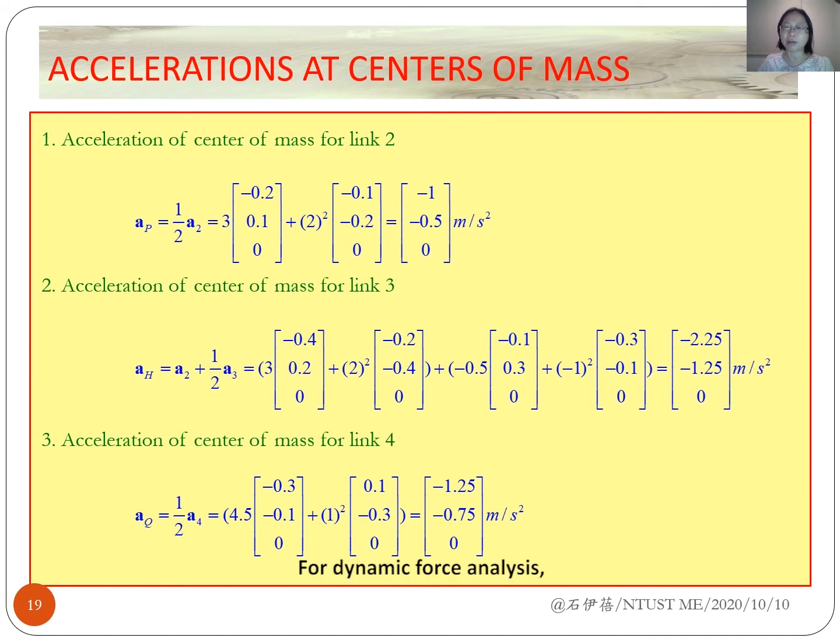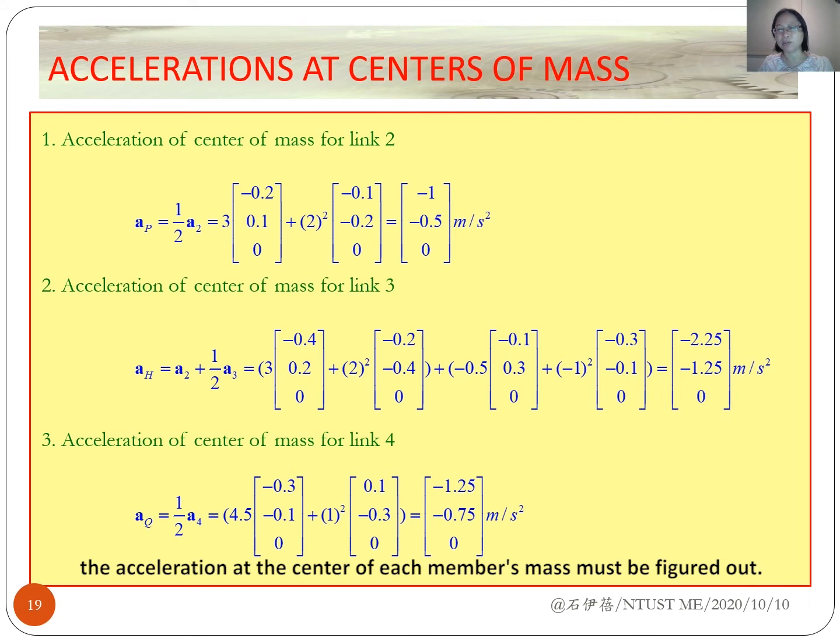For dynamic force analysis, we introduce inertial forces as external forces acting on the member. Therefore, we convert the dynamic problem into a static one. To determine the inertial forces of members, the accelerations at the centers of each member's mass must be figured out.